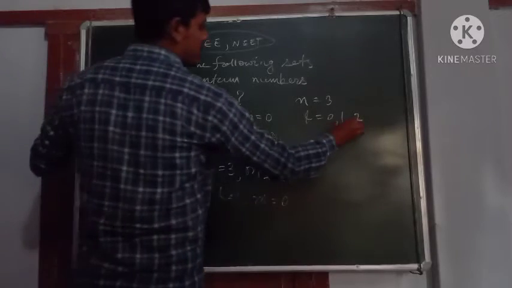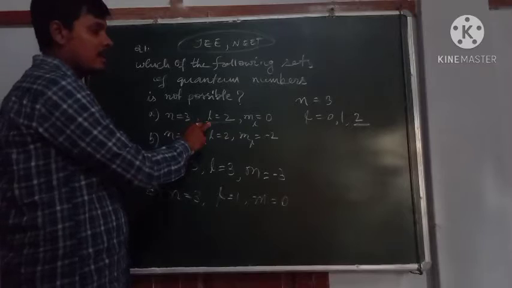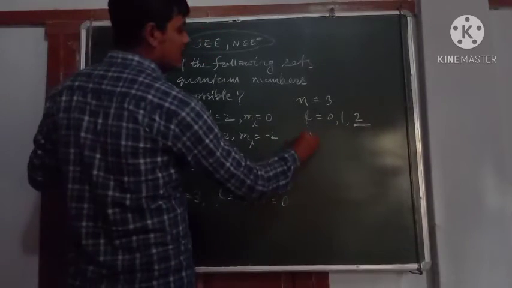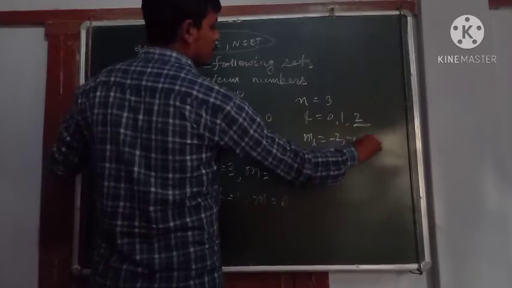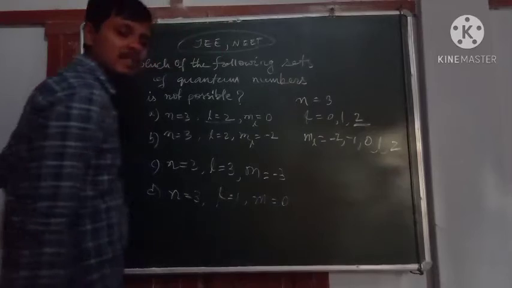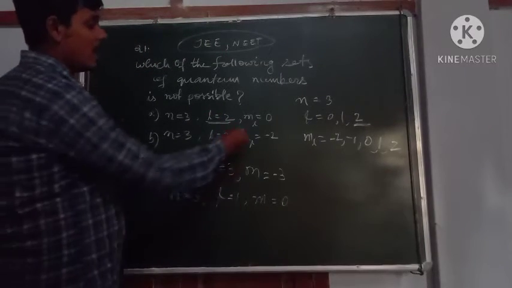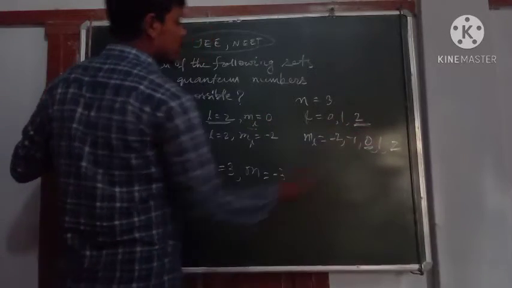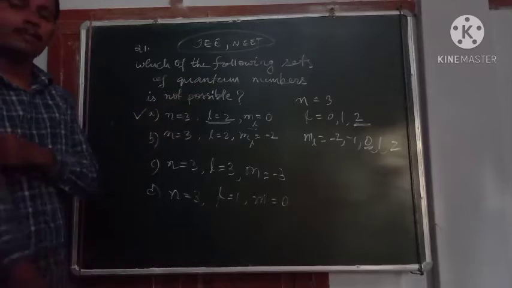That means if n is 3, l can be 2. If l is 2, what will ml be? It will be -2, -1, 0, 1 and 2. So if l is 2, ml can be 0. That means this option is correct. It is correct, but we need the incorrect one.